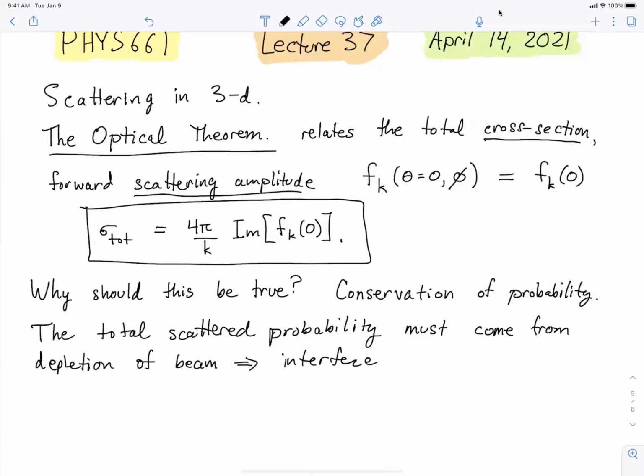So there's some interference with the initial beam amplitude and the amplitude to scatter in the theta equals 0 direction. So that amplitude and the amplitude to scatter in direction theta equals 0.